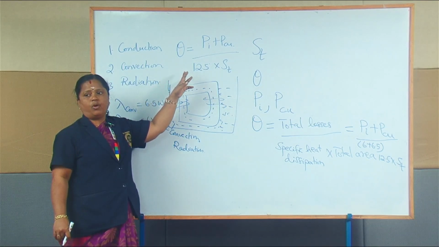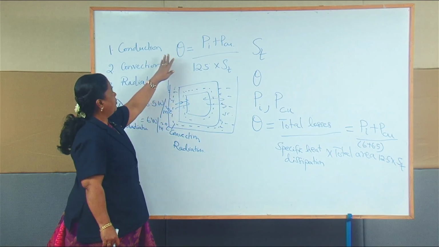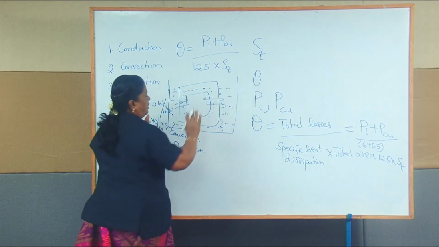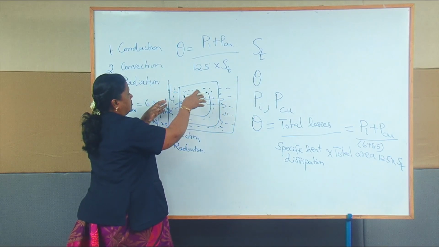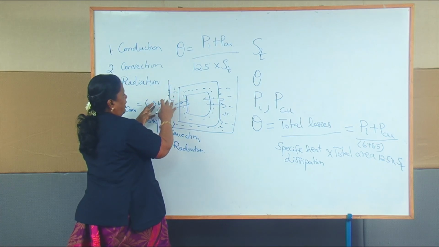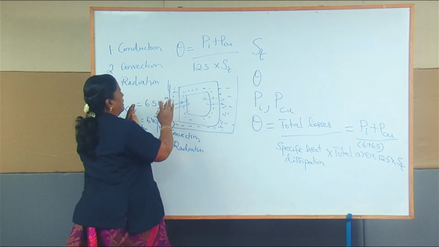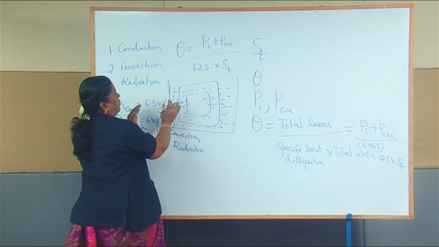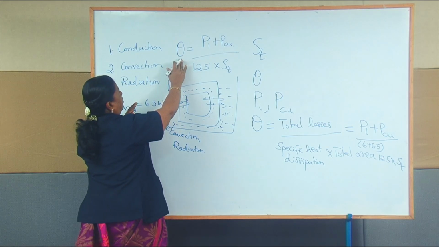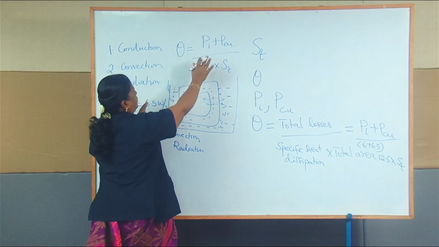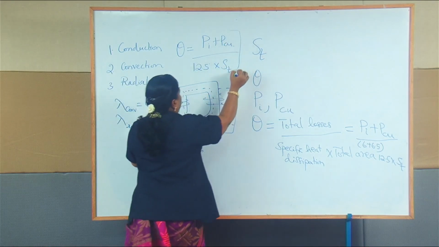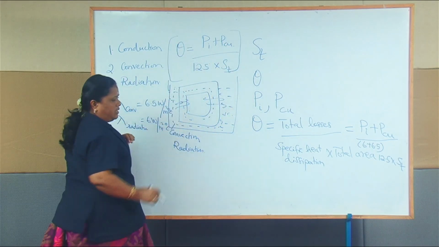So, this is the temperature rise in a transformer for a plain walled tank. When the transformer is immersed in a tank filled with oil, the temperature rise of the oil or the transformer we can calculate with the help of this formula: theta is equal to (Pi + Pcu) divided by (12.5 × St).